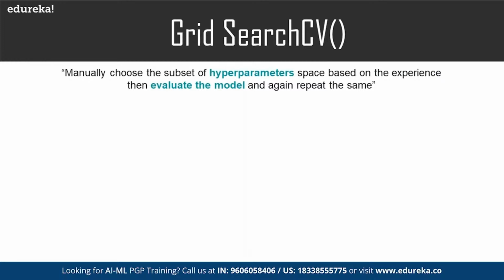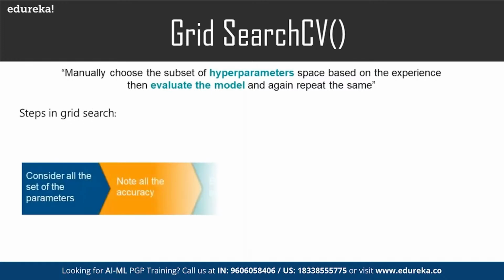Instead of manually picking the hyperparameters based on our experience with the model results, here it is again manually chosen, but instead of choosing one hyperparameter or another one, we choose a subset of hyperparameters. So we move grid wise here.